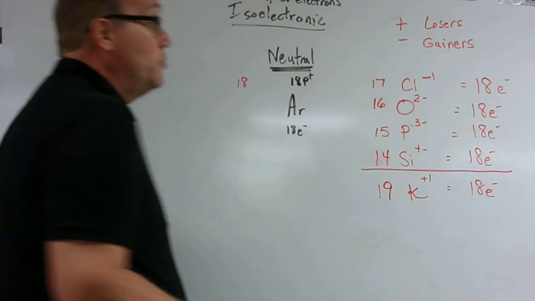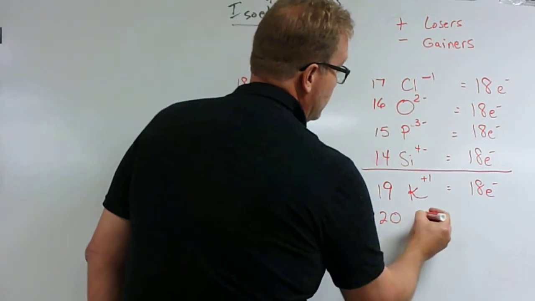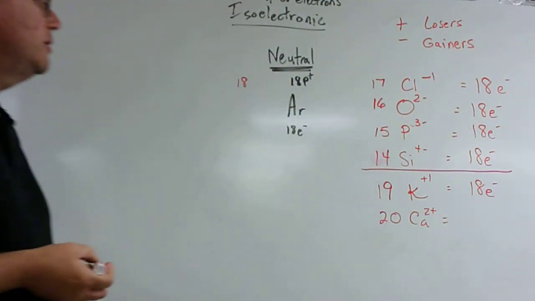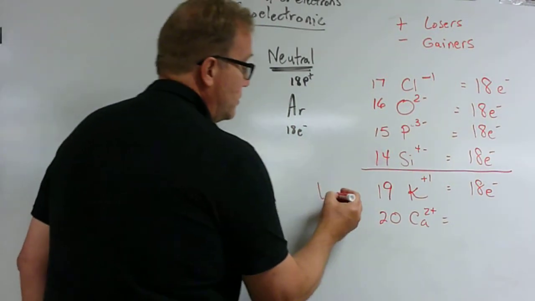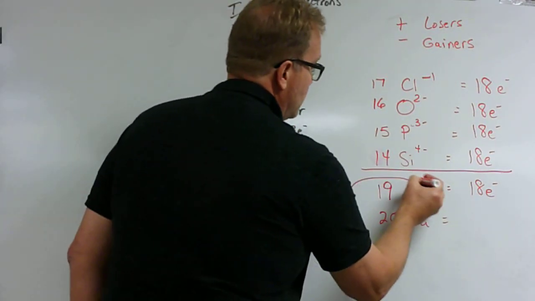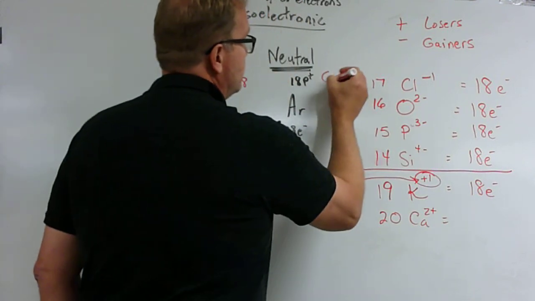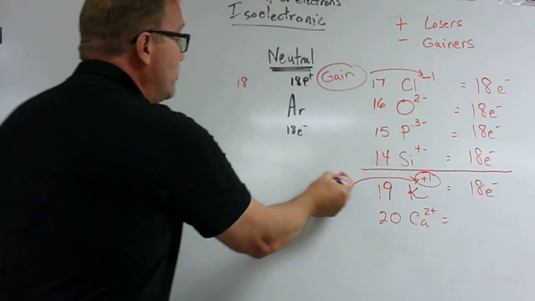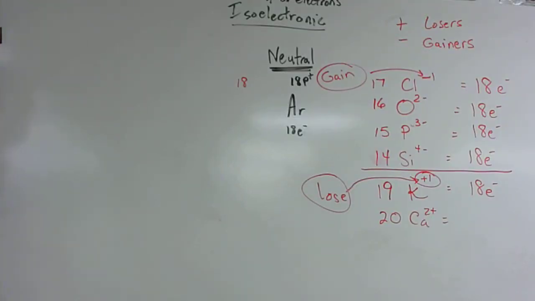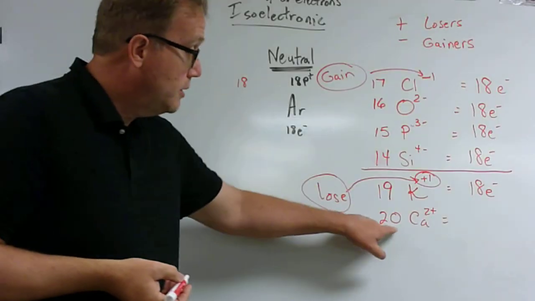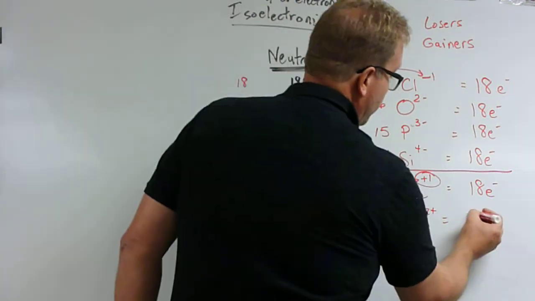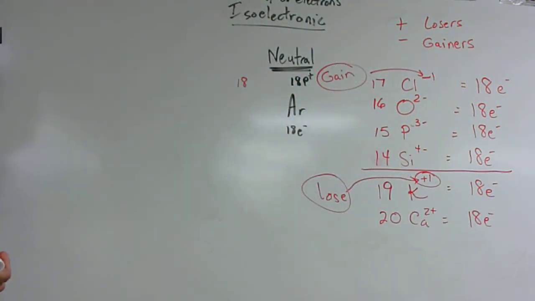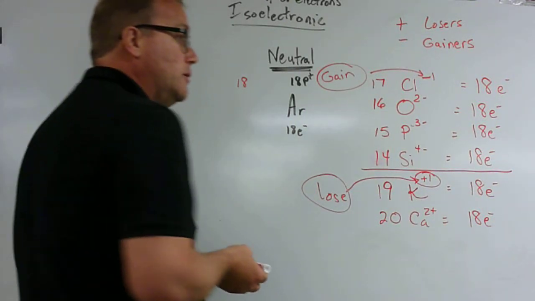Let's say I go up one. Let's say I go to 20. Well, that one is lose. I'll put lose here so you can follow what I'm doing. What happens when I lose 2 from 20? Now it becomes 18 electrons. How about if I go up 1, scandium?